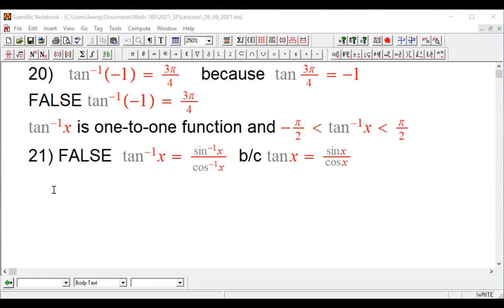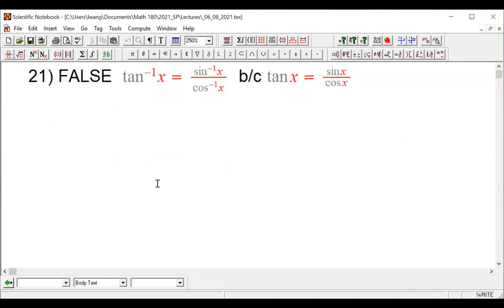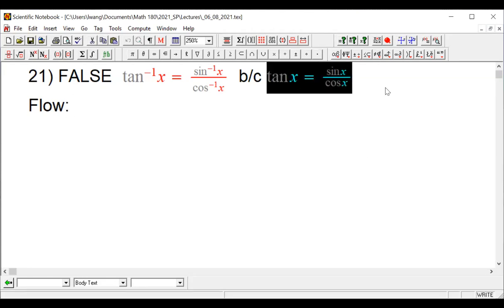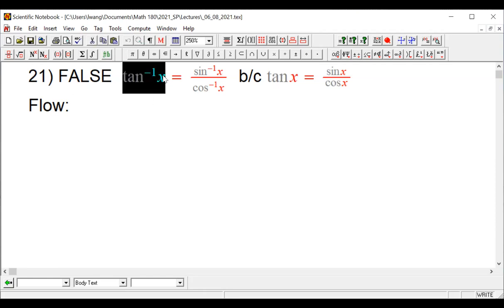Well, from the domain and range perspective, first we can start with the flow. Just because of that, it doesn't mean you take the inverse on both sides. I understand this mistake is so common. So let's look at tangent inverse. What kind of flow?